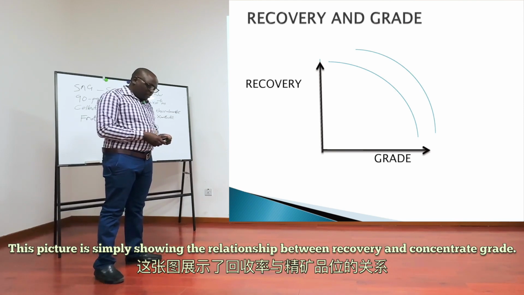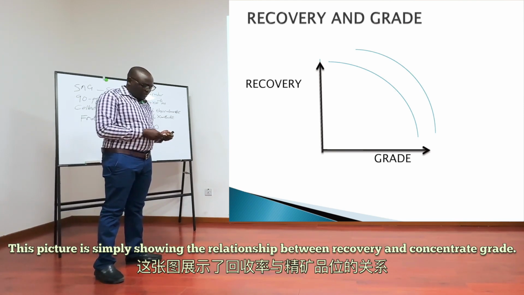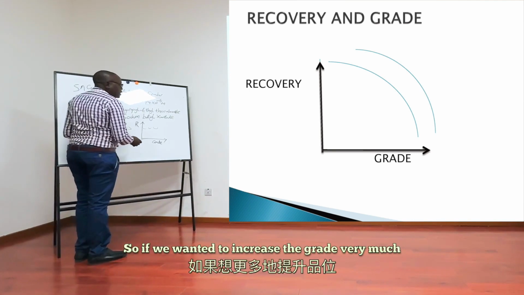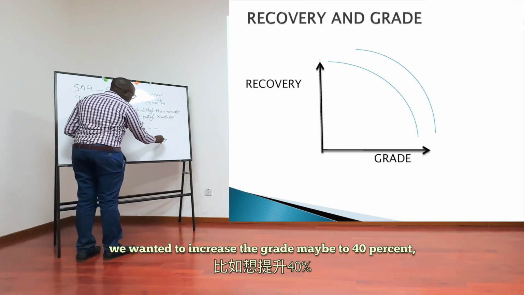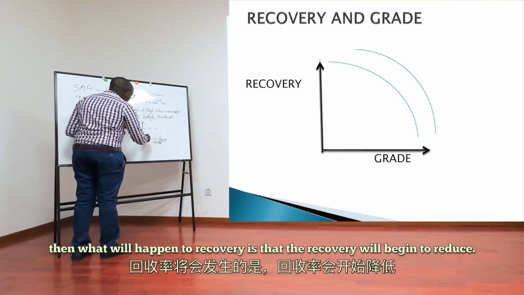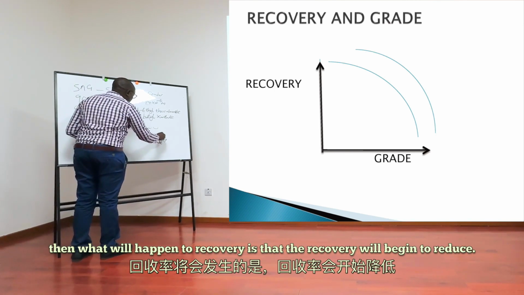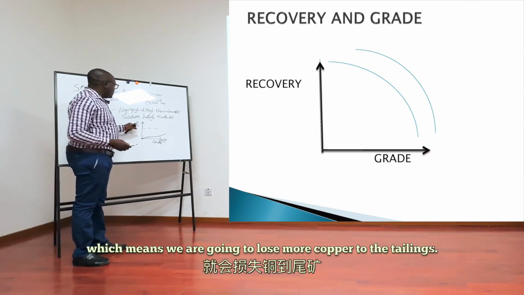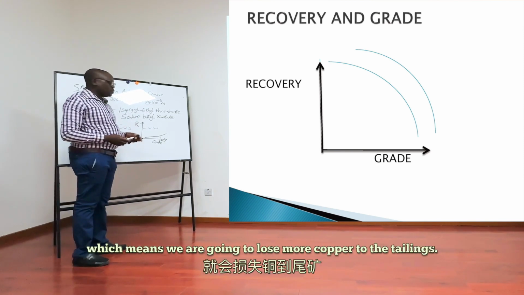This picture is simply showing the relationship between recovery and concentrate grade. If we wanted to increase the grade very much, maybe to 40%, then the recovery will begin to reduce, which means we are going to lose more copper to the tailings.